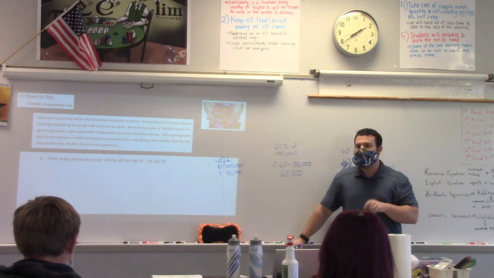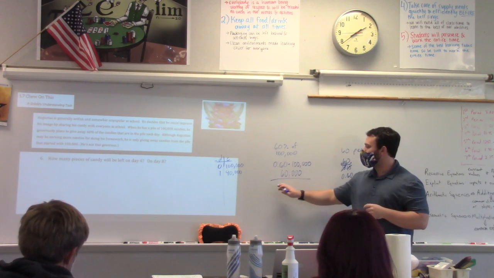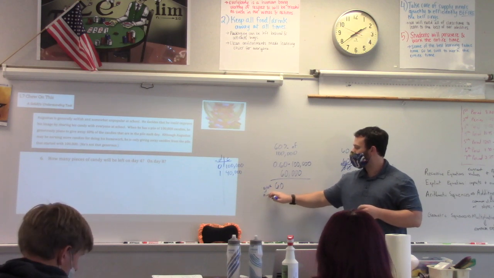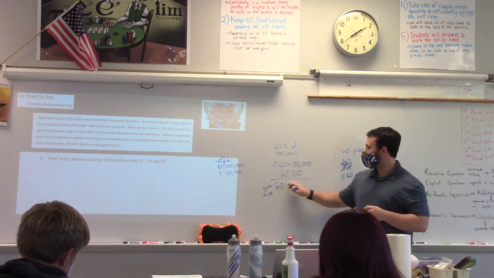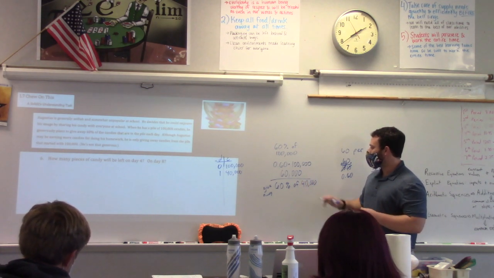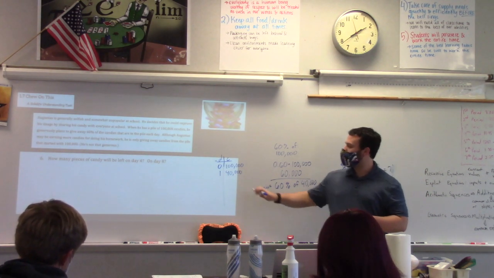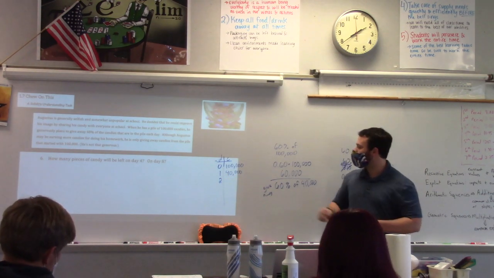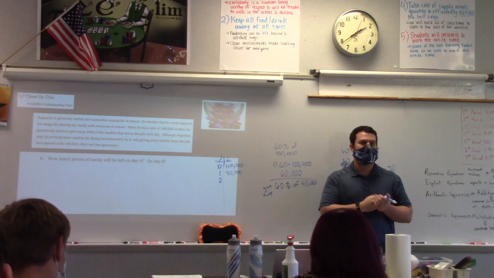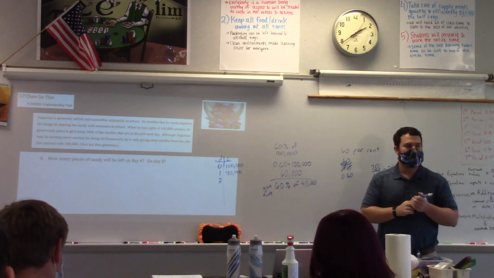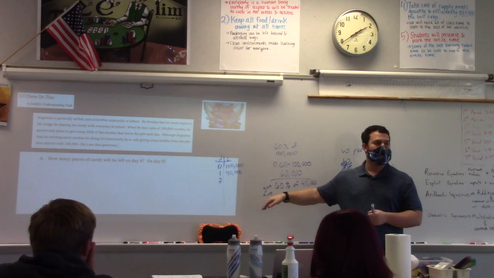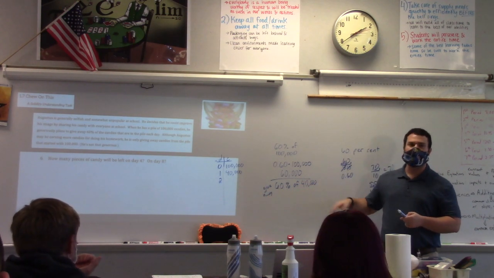So I want you to notice what he's now going to do is give away 60% of what? So we need to think about how much candy he's going to have left on day 2. Because notice, if he gave away 60,000 again, would he have any candies? So we want to think about what that 60% of 40,000 is.